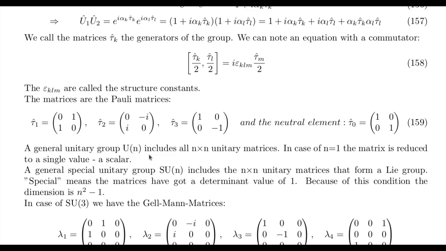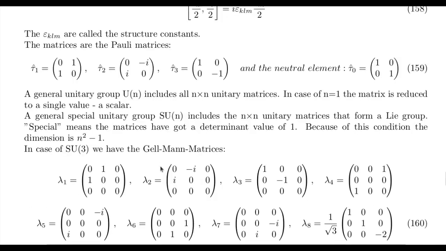Special means that the matrices have a determinant value of 1. Because of this additional condition, the dimension of such a group is not n squared, but n squared minus 1.